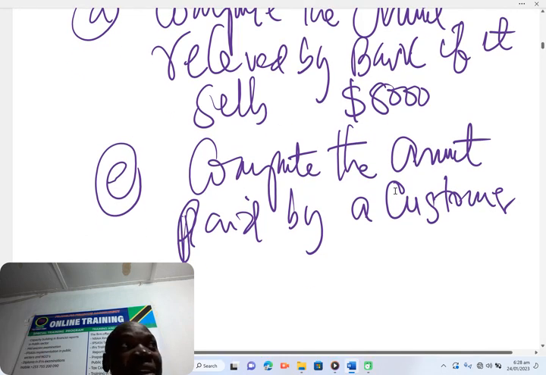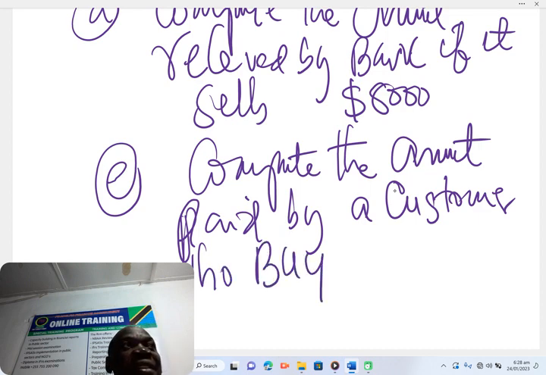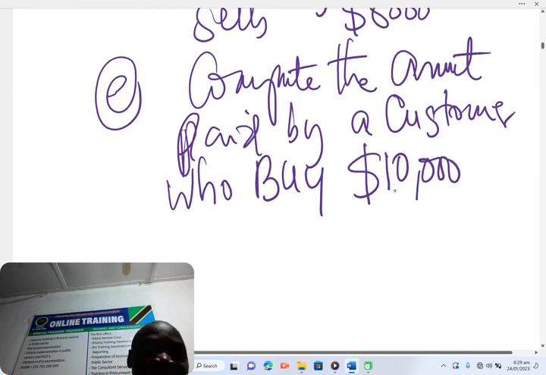A customer who buys $10,000. In part E, a customer is buying $10,000. Remember, it's not a bank buying. A customer is doing what? Buying, isn't it?